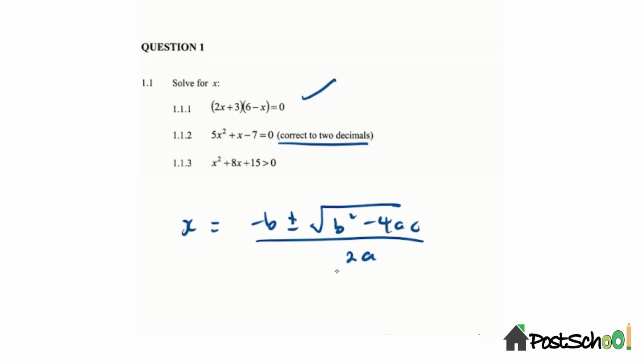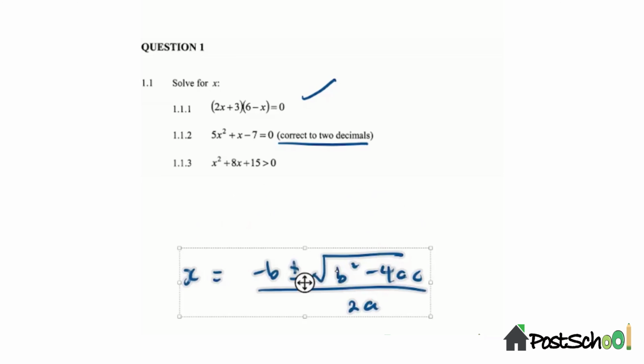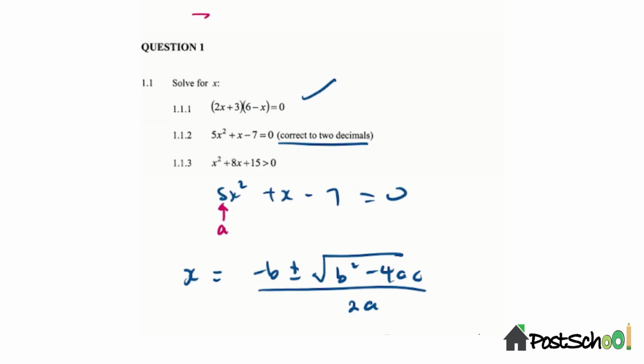Let's remind ourselves what A, B, and C are. Going back to the question, we have 5x squared plus x minus 7 equals 0. So this is A, this is B, which is 1, and this is C.